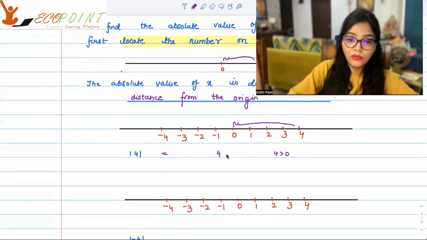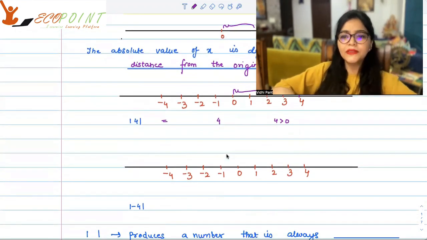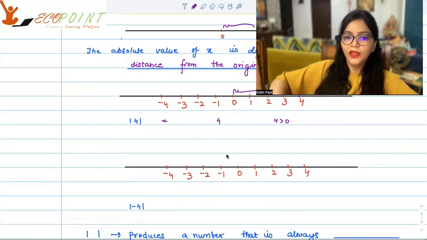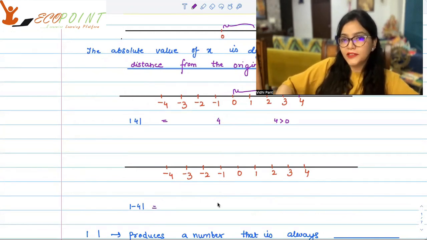Suppose now what I'm looking for is the absolute value of -4. Now, absolute value of -4, let's use the piecewise definition. -4 is less than 0. So it's going to be minus of x. So that means minus of -4. My x is -4 this time.